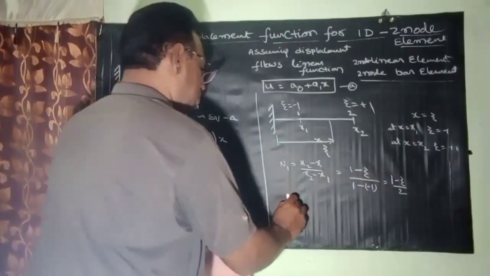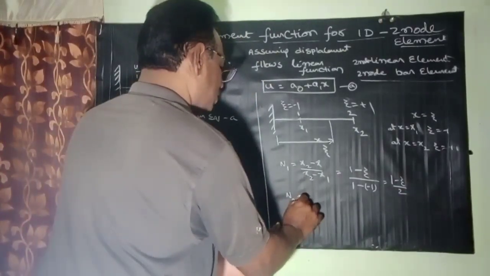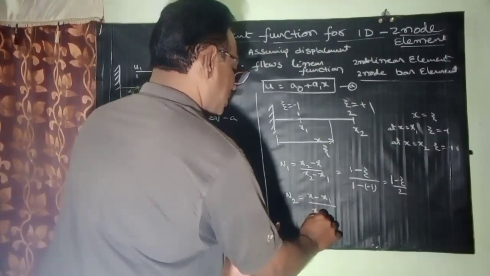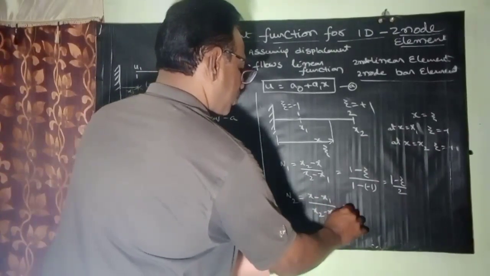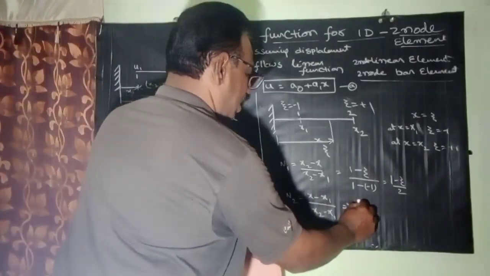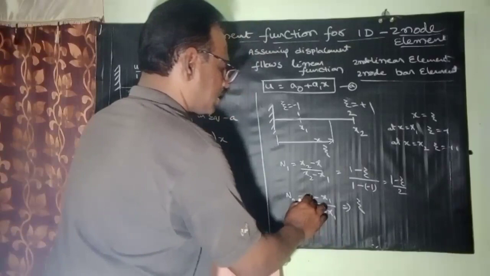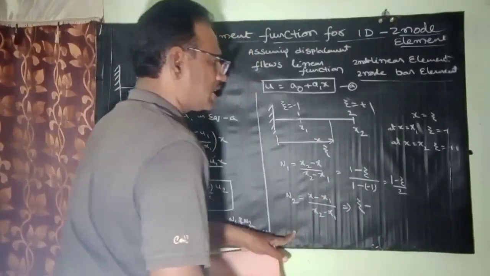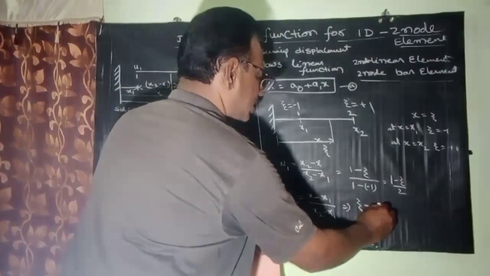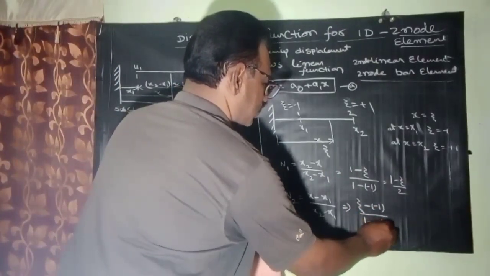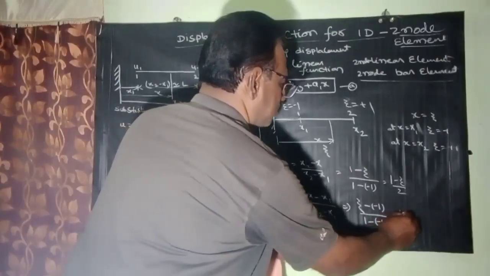For N2, in the Cartesian coordinates, it is x minus x1 by x2 minus x1. In the same way, rewrite it in natural coordinates: in place of x substitute xi, and in place of x1 substitute -1. So xi minus of -1 by 1 minus of -1, that is 1 plus xi by 2.